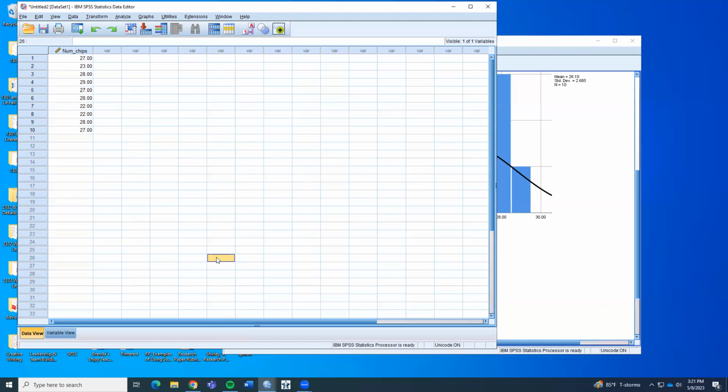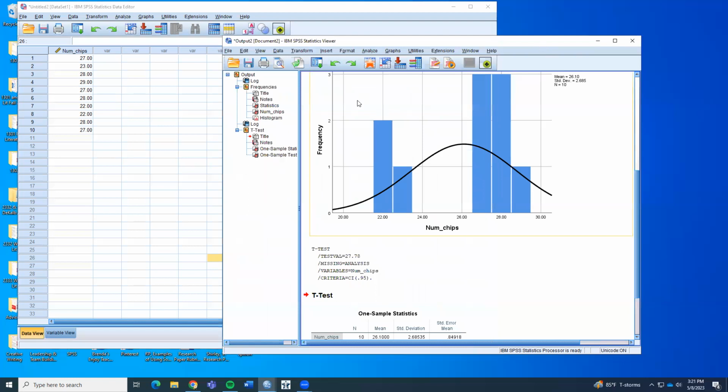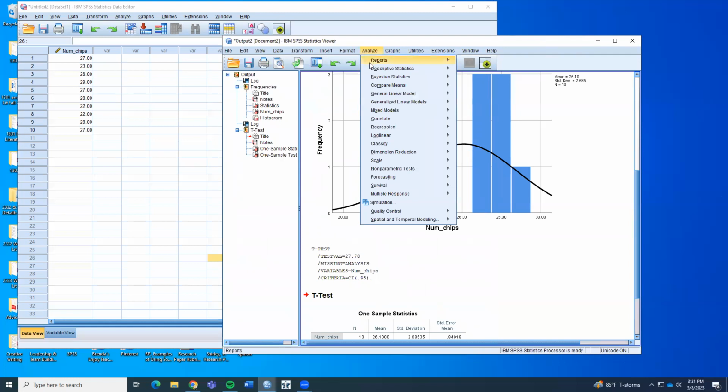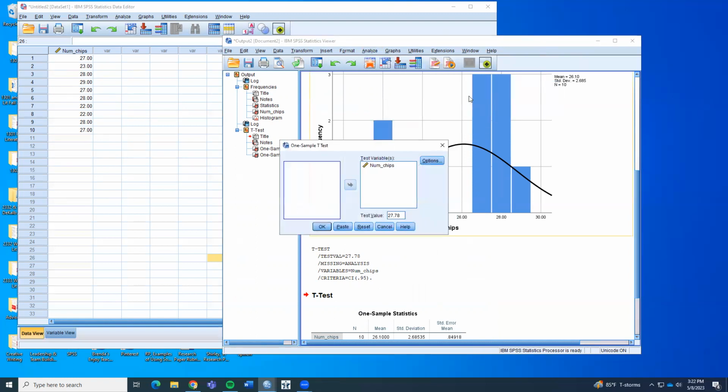And so now that we have all this determined, we can go to step number 5, which is running a single sample t-test in SPSS. We are going to go to Analyze, then Compare Means, and then One-Sample T Test.